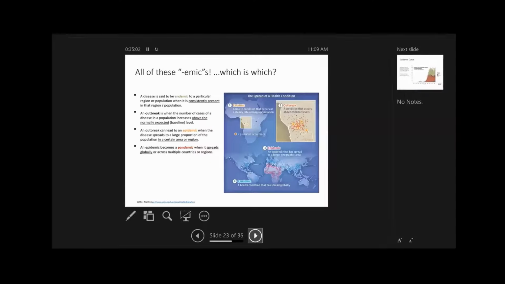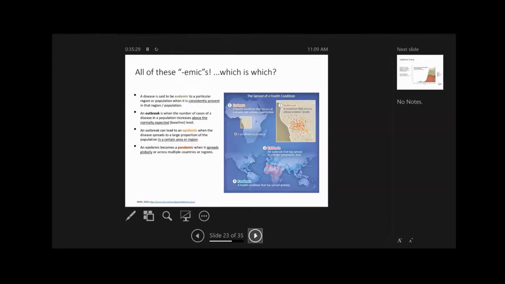Now, all of you are wondering, okay, so what's an outbreak? What's a pandemic? What's an epidemic? So this is a beautiful illustration of what we mean by epidemic, endemic, outbreak, pandemic, and so on and so forth, right? Endemic disease is a condition that occurs at a steady expected rate in a given population. Now, defining the population is very important, right?